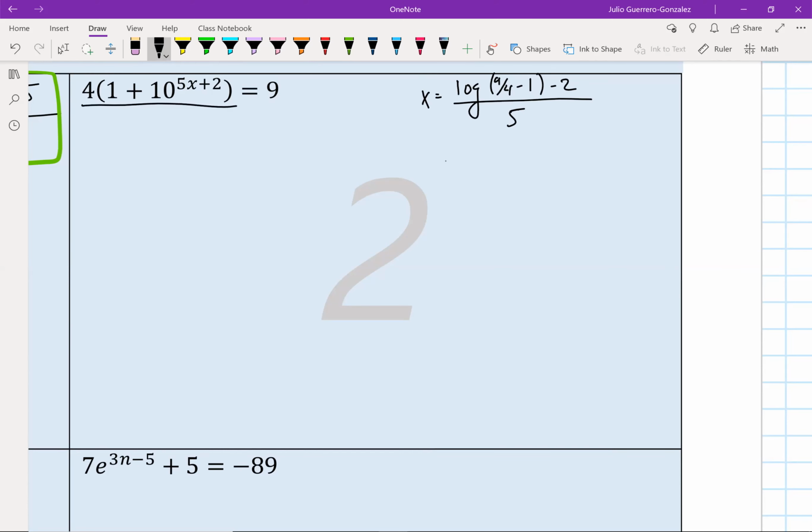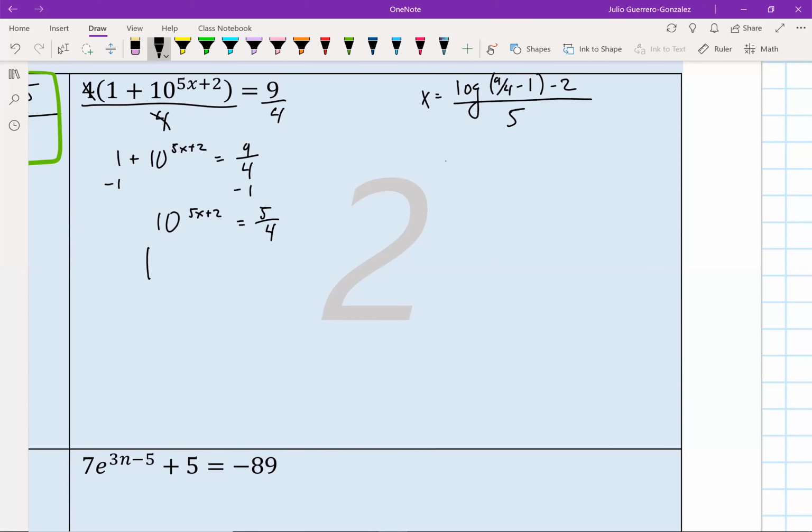So I'm going to grab this whole thing divided by 4. Cancels, cancels. I get left with 1 plus 10 to the 5x plus 2 is equal to 9 over 4 minus 1. Plus 2 is equal to 5 over 4. So now we have it just how we did before.